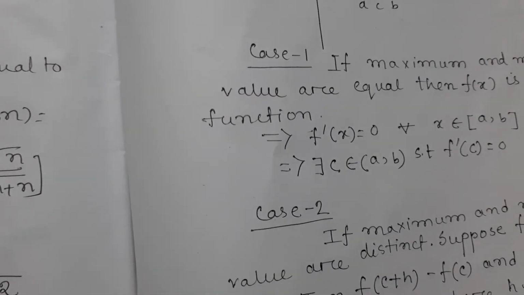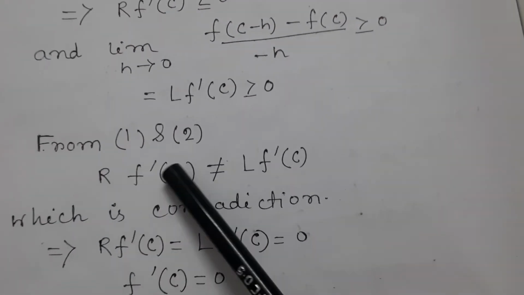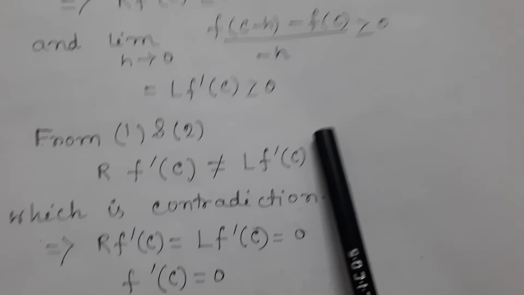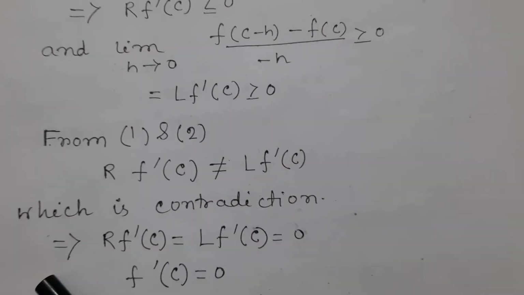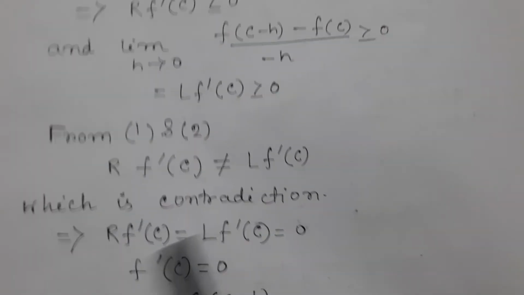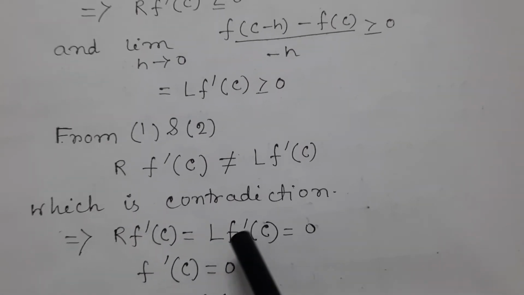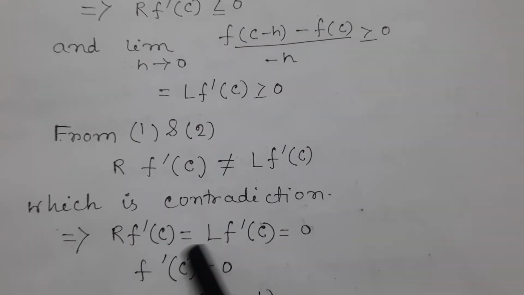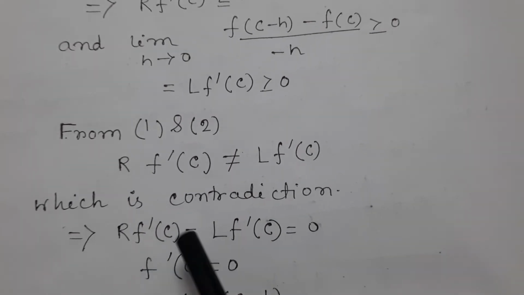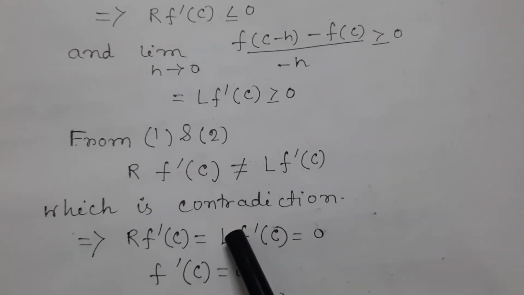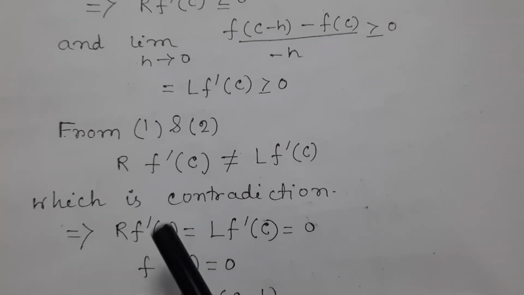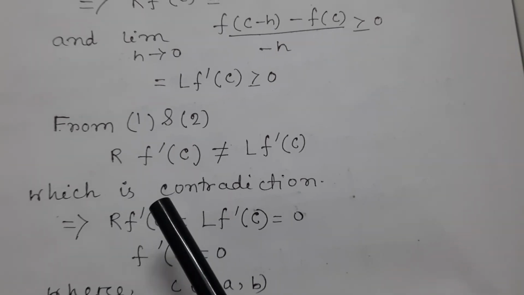The first case is correct, because for the second case these two are not the same, which is a contradiction. Rf'(c) equal to Lf'(c) is mandatory, so only the first case is correct.